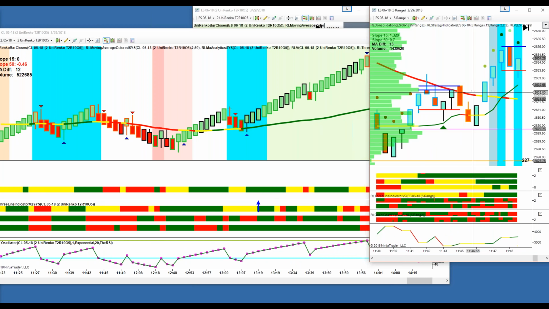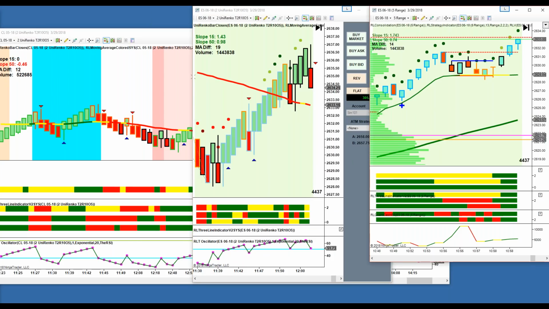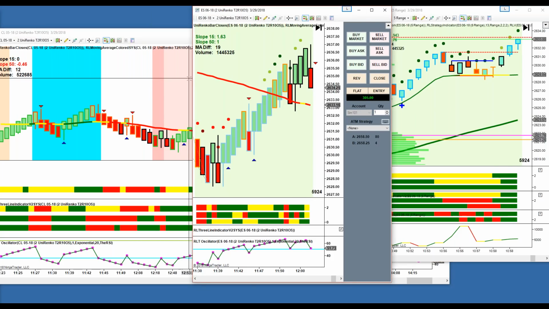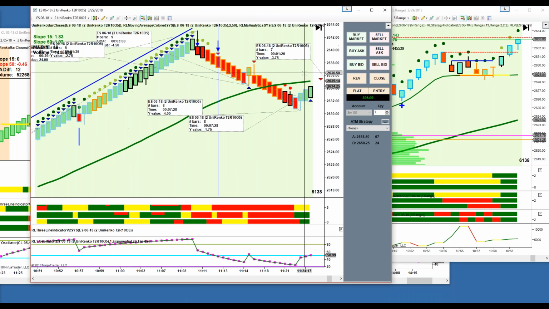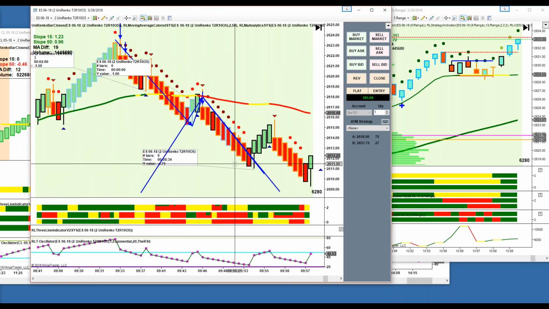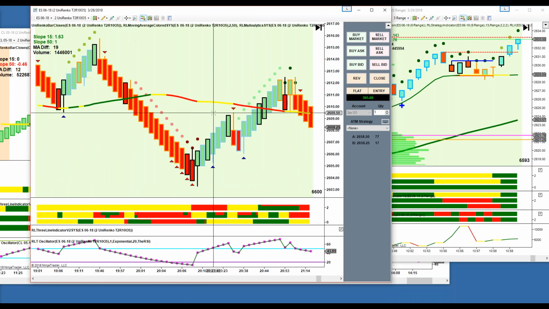I want to make it as comprehensive as possible, so you can make a really good assessment of risk on the trade. And listen, that's the most important thing, and it's not only the most important thing, it's the only thing that matters.